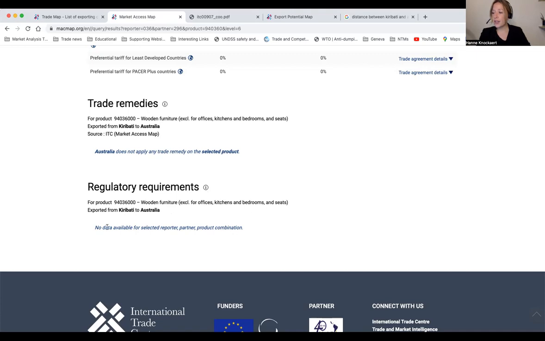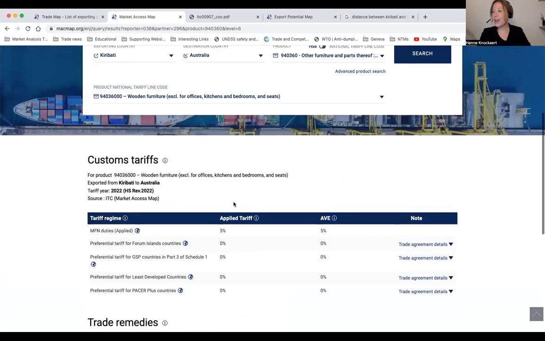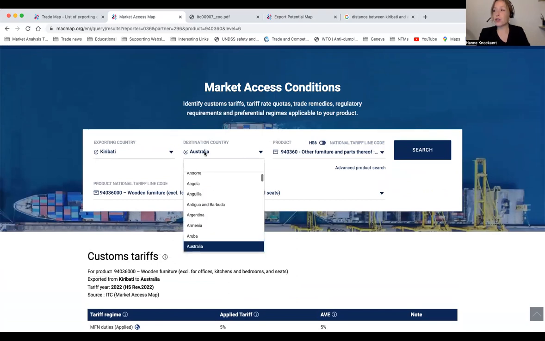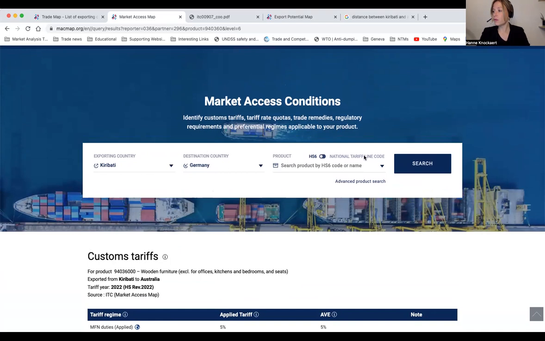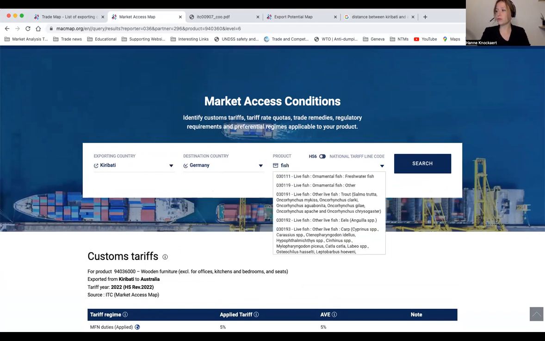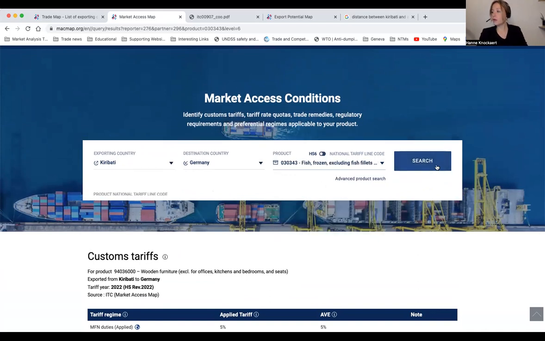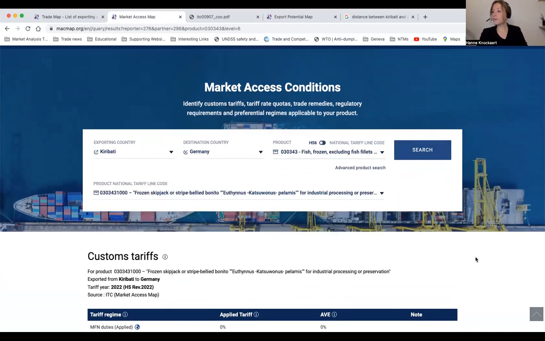That is because the data is not available for Australia, I guess. So let me try another country like Germany. No, let's take this one, which we were looking at before.